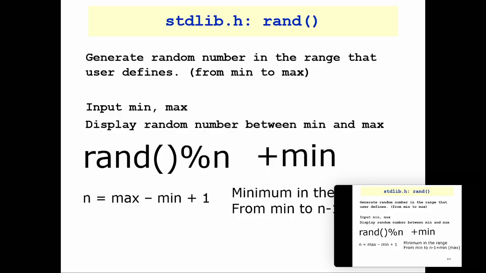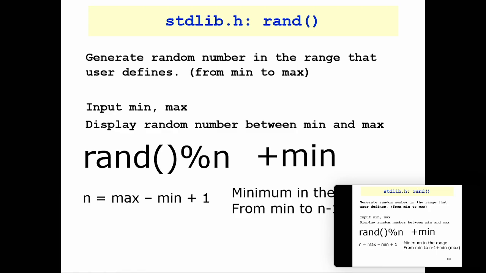Then 90, right? So n is 90, and the minimum number is 10. So this is how you can define n: max minus min plus 1, to count min itself.